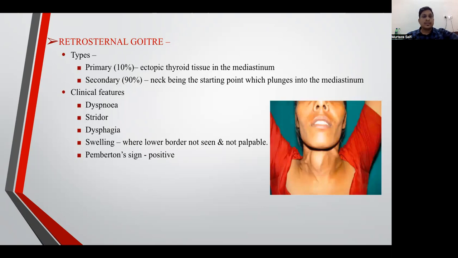The clinical features: dyspnea because of the compression of the trachea, stridor, dysphagia, swelling. Pemberton sign is positive in this retrosternal goiter.